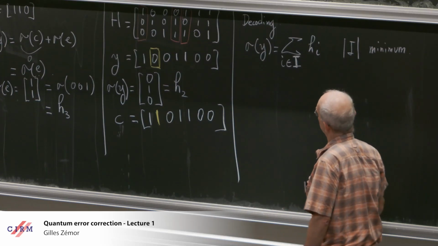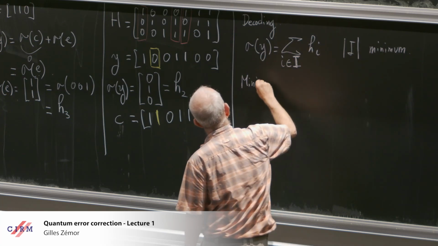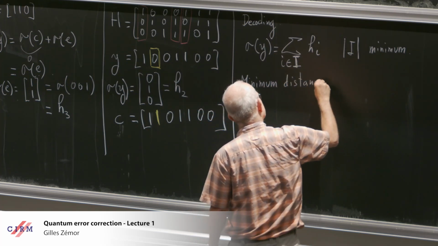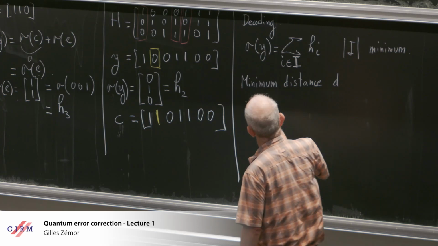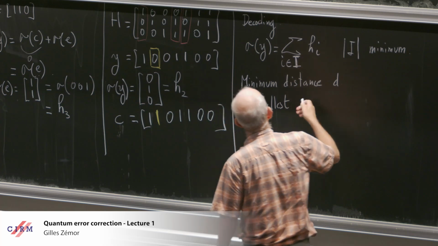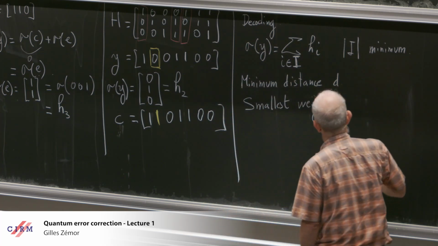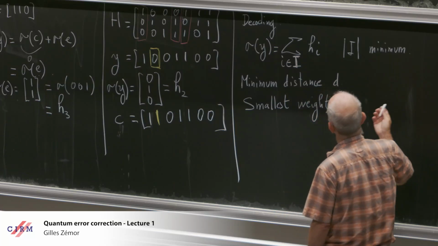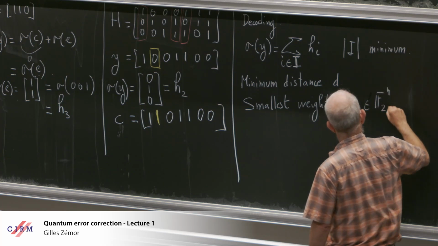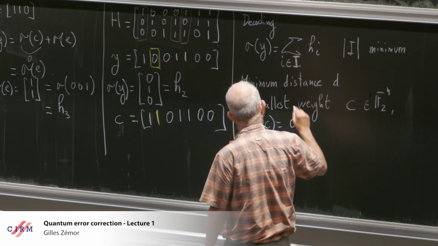An important quantity, minimum distance, this is the smallest weight vector c of zero syndrome.